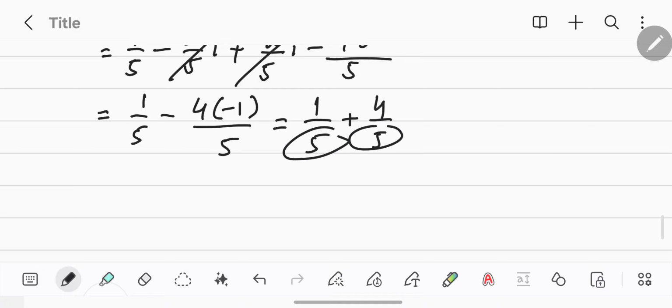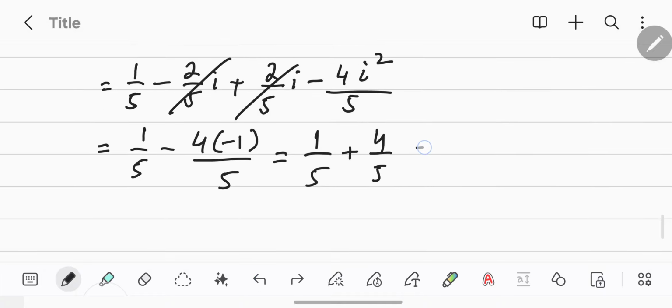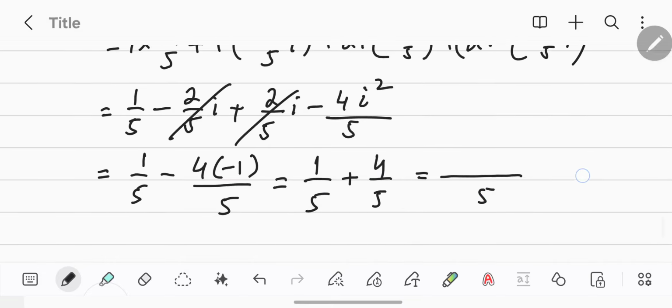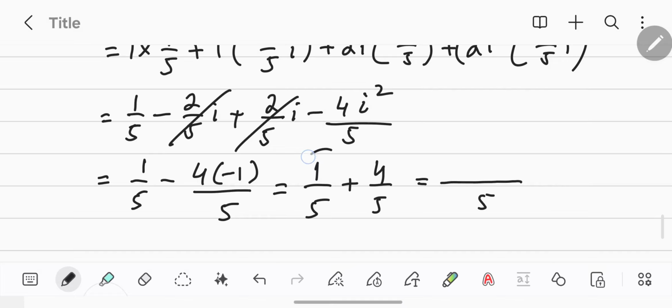Since they have the common denominator, I can write the denominator as a common, only 1 times 5, and I will add these two things because it is 1 plus 4. If we have two fractions and their denominators are common, then we can add their numerators. So 1 plus 4 is 5 by 5.